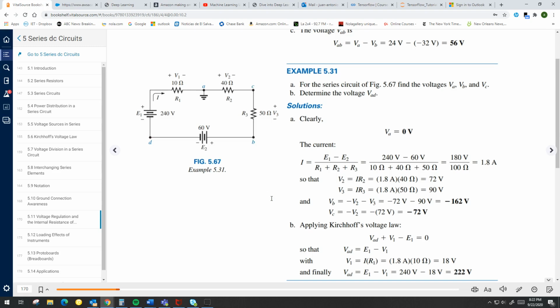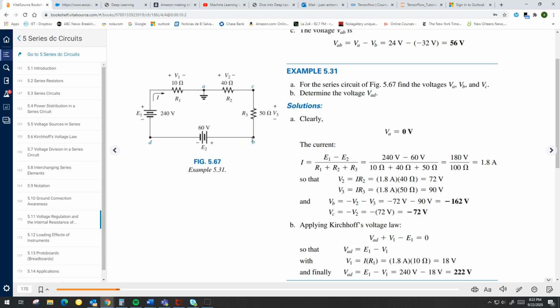Based on that, the rest is easy, because then you can find V2, you can find V1, you can find V3. And then VB will just be this voltage minus V2 minus V3.